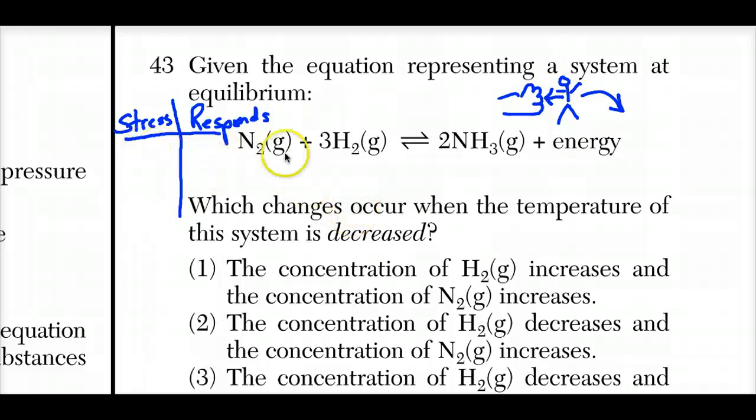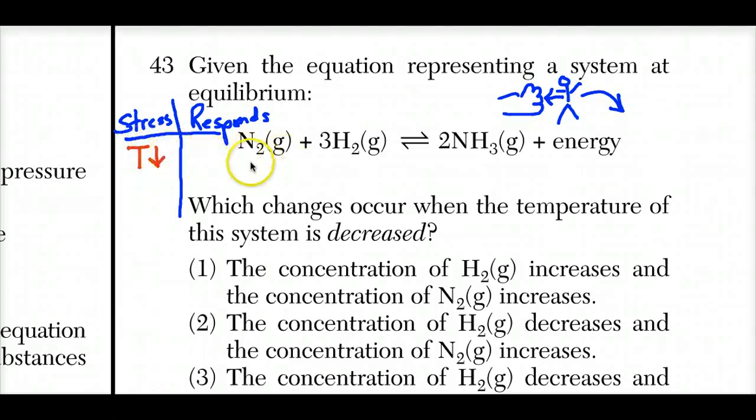We apply a stress to a reaction that's nicely in equilibrium, rate of the forward equals rate of the reverse, and that stress unbalances the reaction, and the reaction regains its balance by doing the opposite so that it doesn't fall over. Okay? So the stress here is that the temperature is decreased.